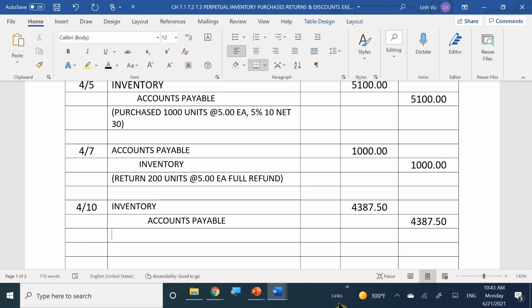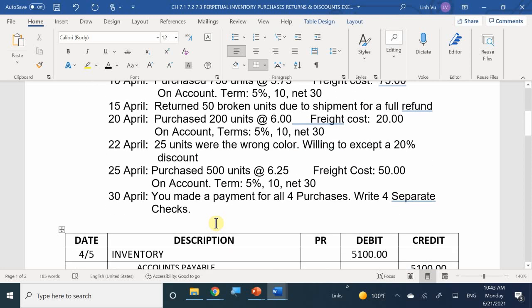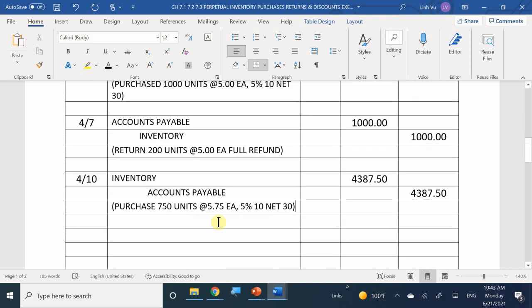Now we're going to make a note that I purchased 750 units at $5.75 each, and I was given terms 5%, 10, net 30. Yes. So that's the journal, and that's what it looks like.